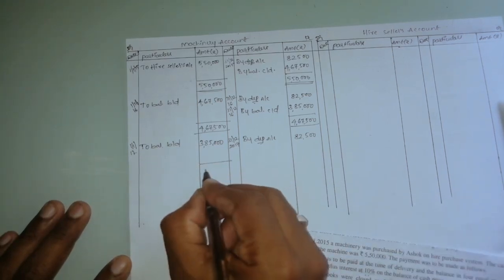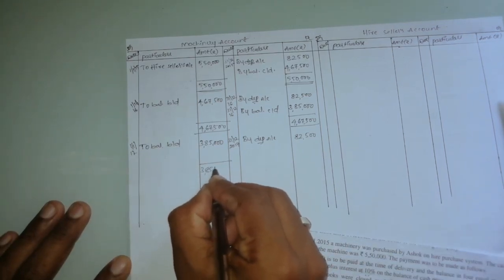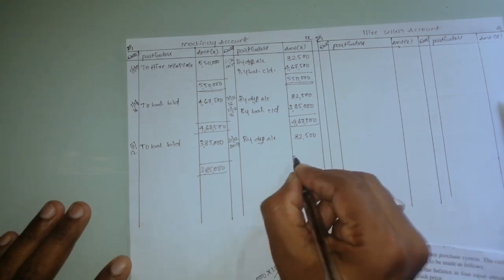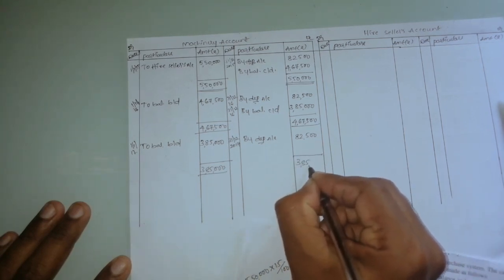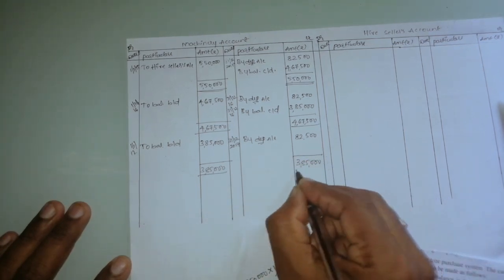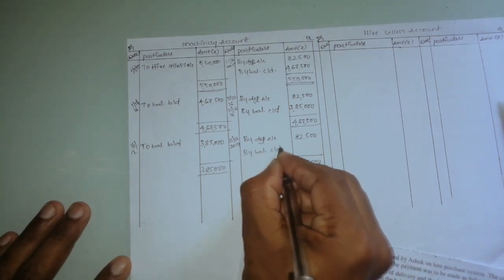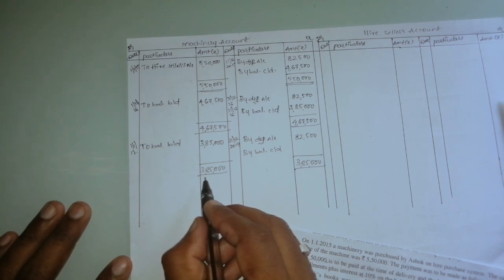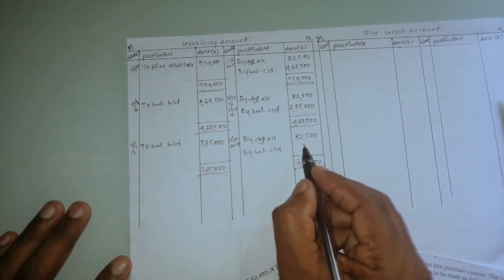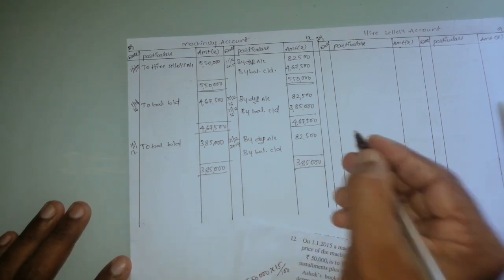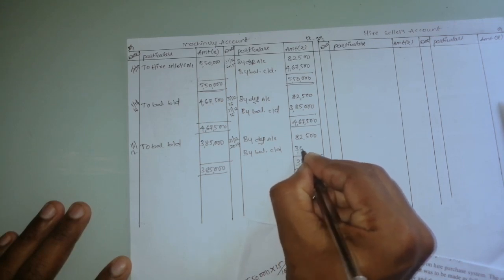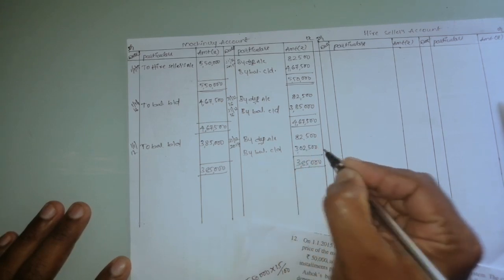Let's close the year. 3,85,000 by balance carry down. So 3,85,000 minus 82,500 comes to 3,02,500.